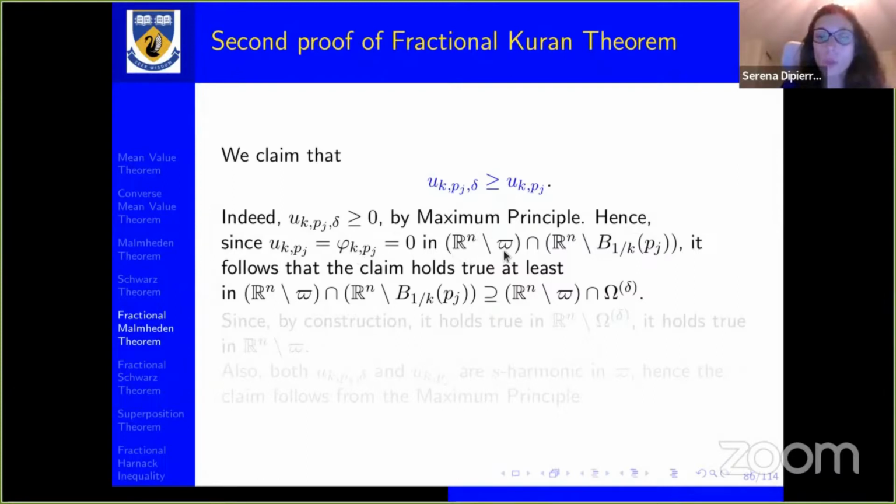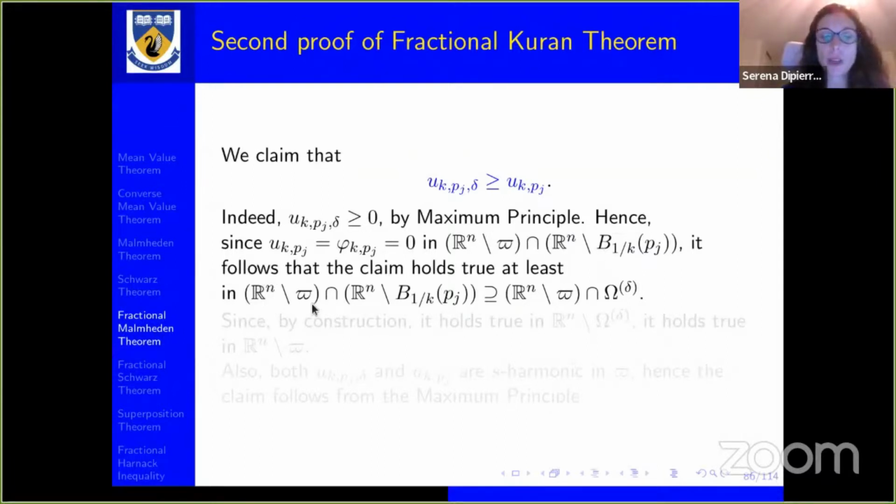This was the problem that I was solving. And because I am outside B1 KPJ, phi KPJ is 0, as it was compactly supported in B1 KPJ. So UKPJ delta is positive, and 0 is UKPJ. So the claim is true, at least in this set here.